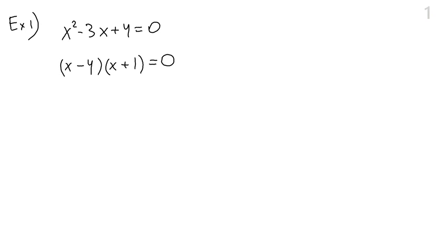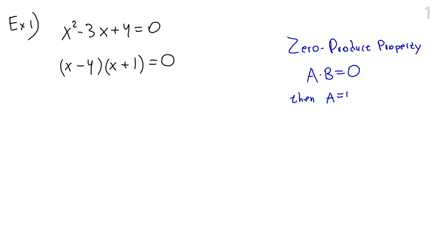And so the main principle behind factoring is the zero product property. And that is, if a times b equals 0, then either a equals 0 or b equals 0.